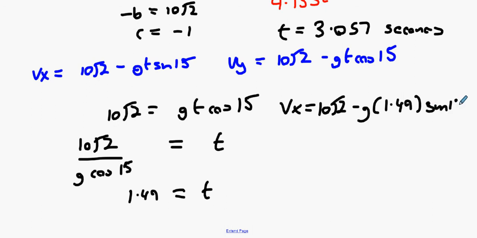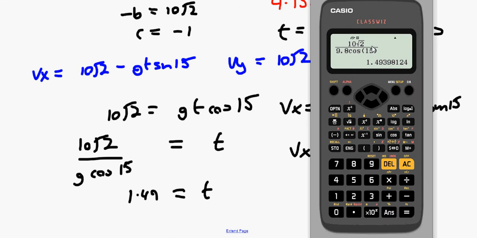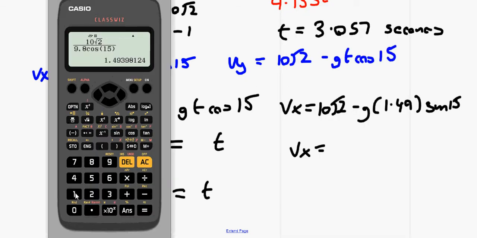Has to be positive. So 10 root 2 minus 9.8 times 1.49 times sine 15 equals 10.36 meters per second.